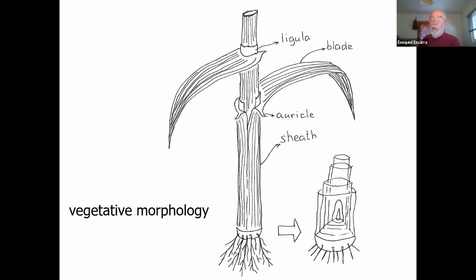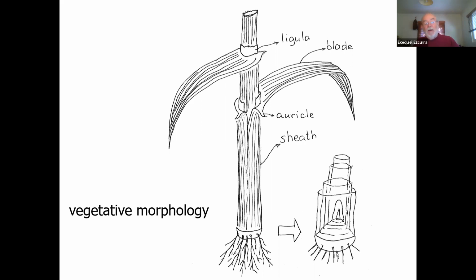Hence, we call to this day the little tubes that you use to get liquid from a cup to drink sodas, for example, we call them straws, because over 100 years ago, farmers used the dry sheaths of grasses, especially of cultivated cereals like wheat or barley, to drink from cups.